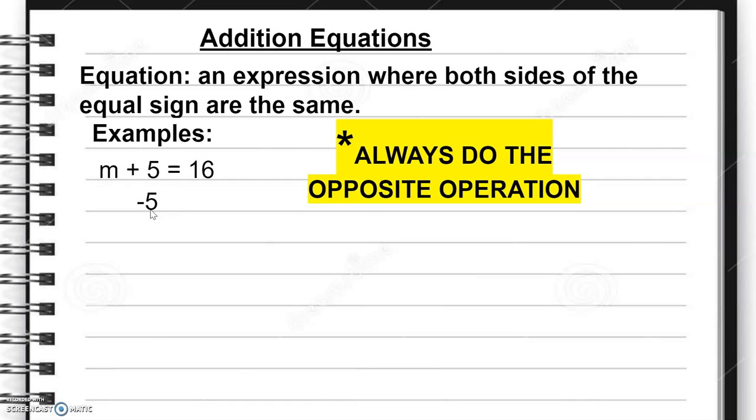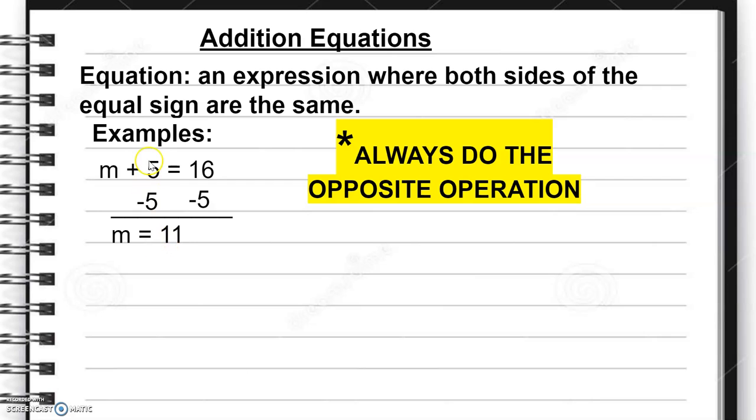So what you do on one side, you also do on the other. So if that's minus 5 on this side of the equation, then you also subtract 5 from 16. So now 16 minus 5, that would equal 11.